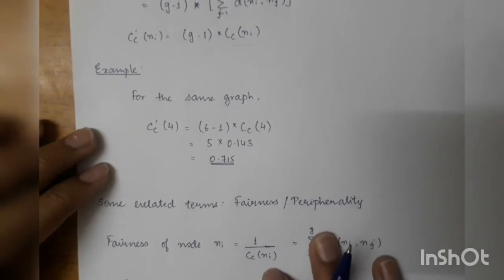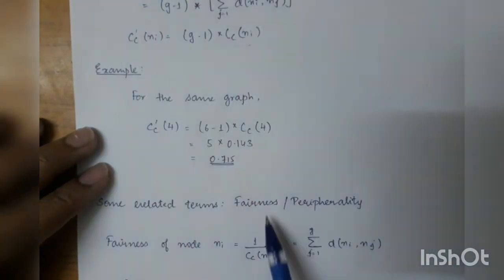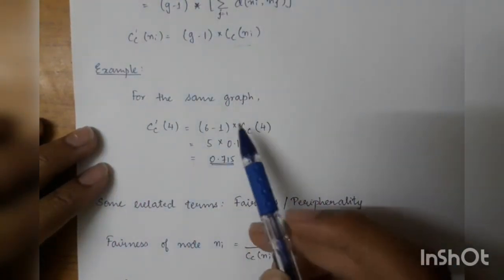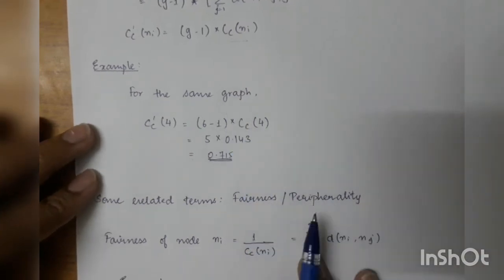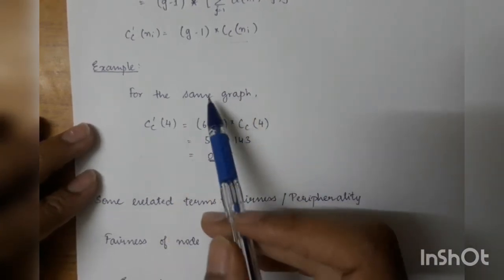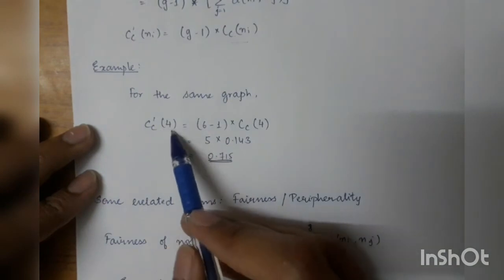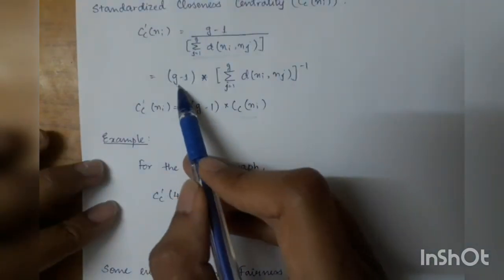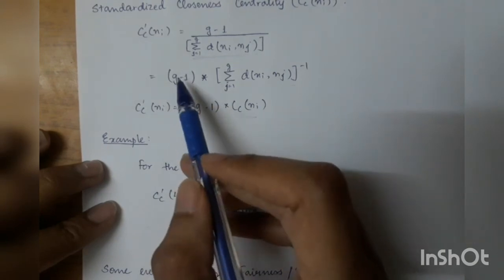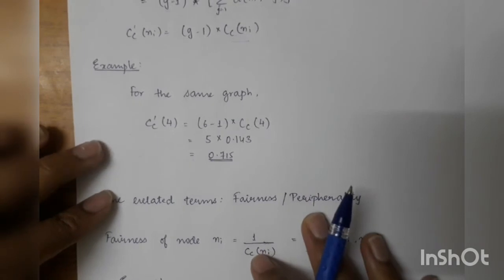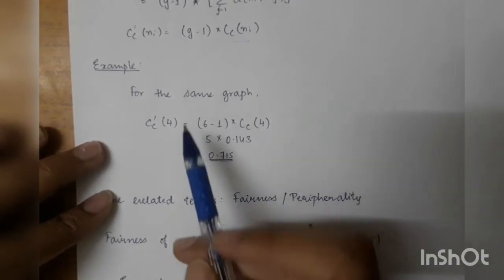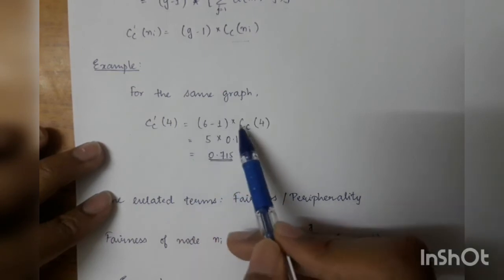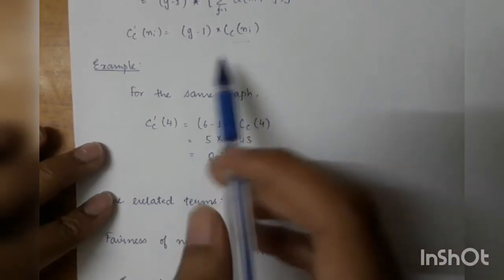Now, as an example for finding the standardized closeness centrality, let's take the same graph we had earlier. If I want to find the standardized closeness centrality for node 4, it's going to be equal to, over here G, remember that G is nothing but the number of nodes in the graph. So the standardized closeness centrality measure for this graph will be 6 minus 1 into CC of 4, based on this formula.